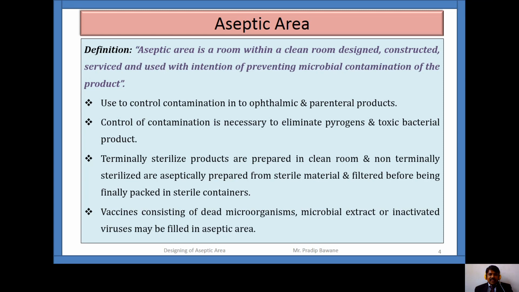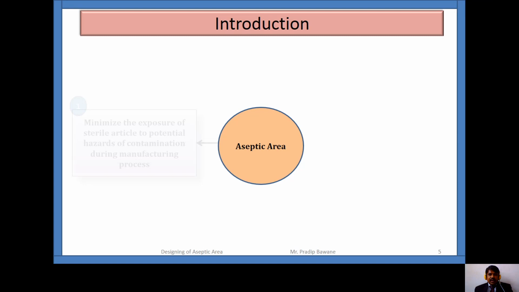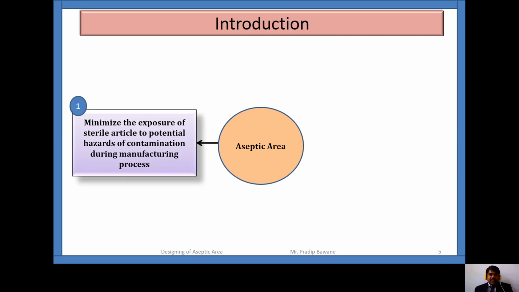For example, a vaccine consisting of dead microorganisms, microbial extract, or inactivated viruses may also be filled in aseptic area. Aseptic area is used to minimize the exposure of sterile articles to potential hazards of contamination during the manufacturing process.